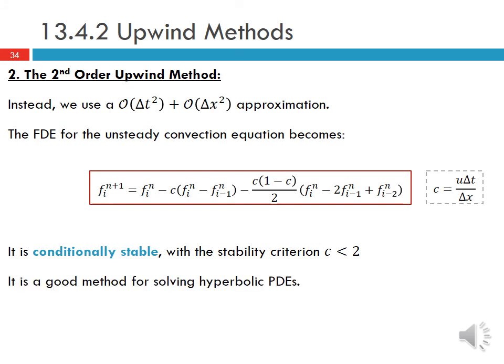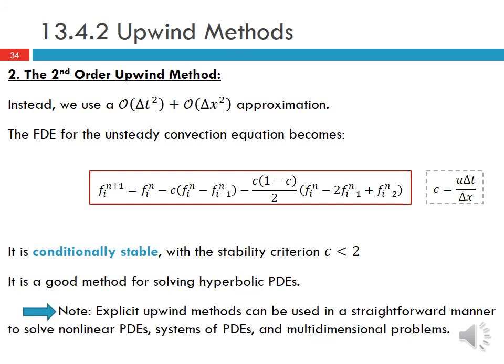So this is a good method for solving hyperbolic PDEs. And it's also important to note that explicit upwind methods like this can be extended in a straightforward manner to solve nonlinear PDEs, systems of PDEs, as well as multidimensional problems.